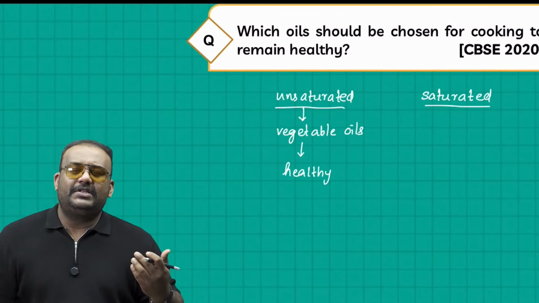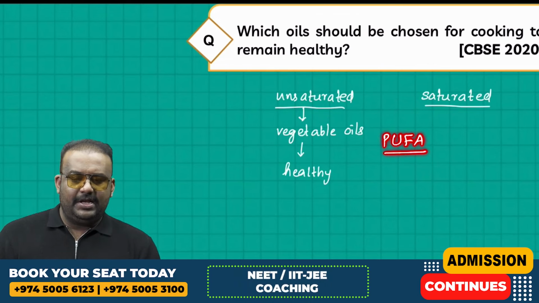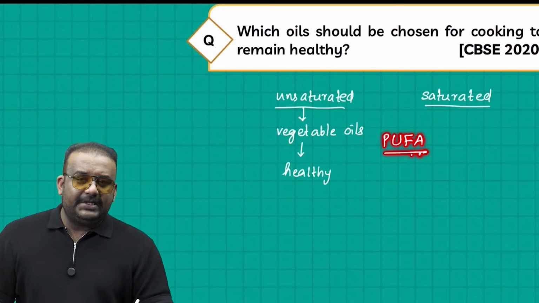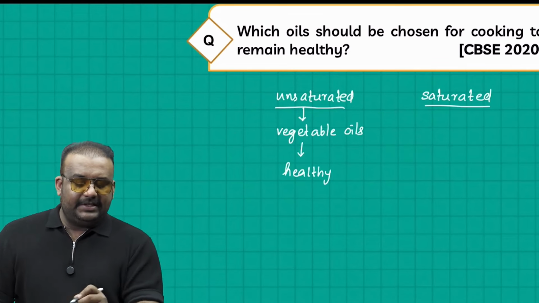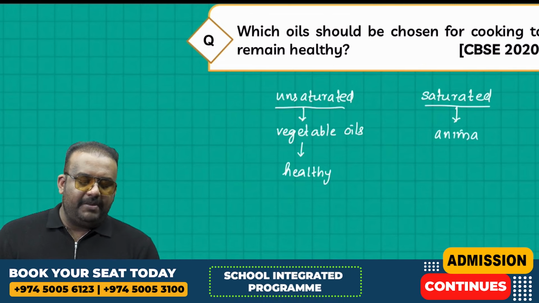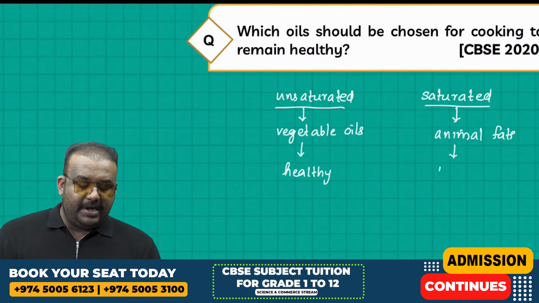For example, we call such compounds polyunsaturated fatty acids. Health-wise, these are excellent, whereas saturated fats are really bad. For example, most of the animal fats belong to saturated fats and they are unhealthy.